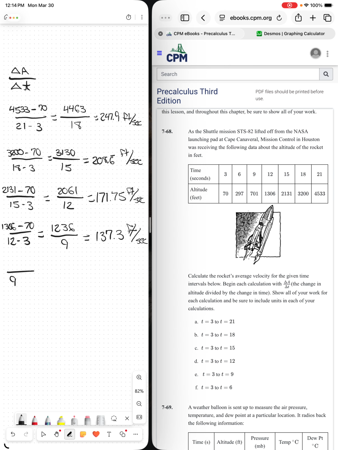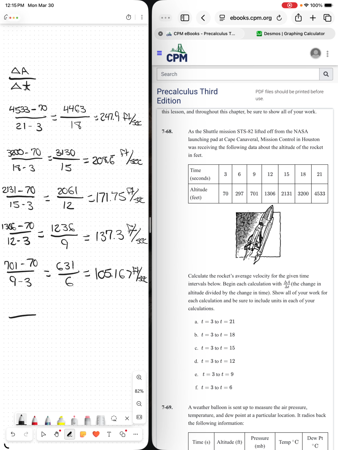Now we're down to 9. So 9 minus 3, and 3 is 70. So 9 is 701. 631 over 6. That's 105.167 feet per second.